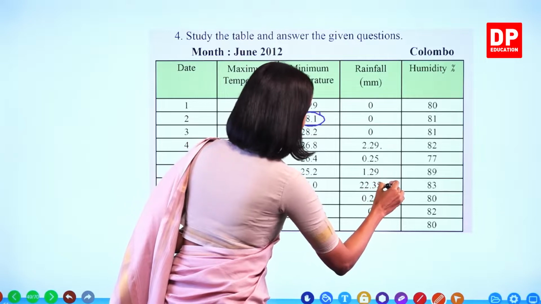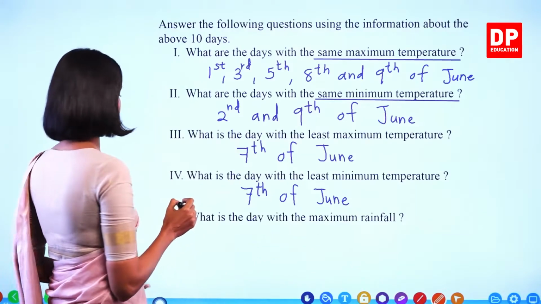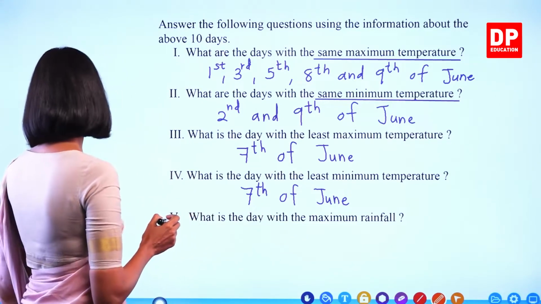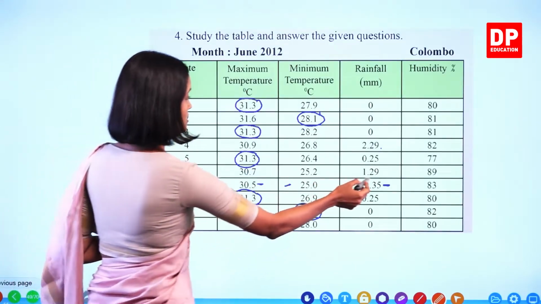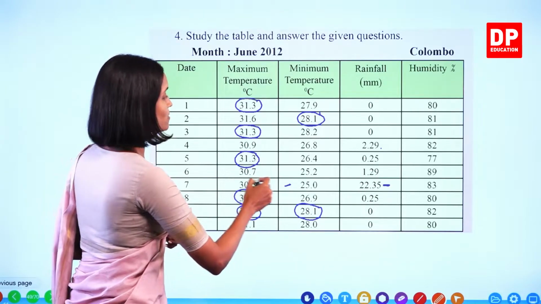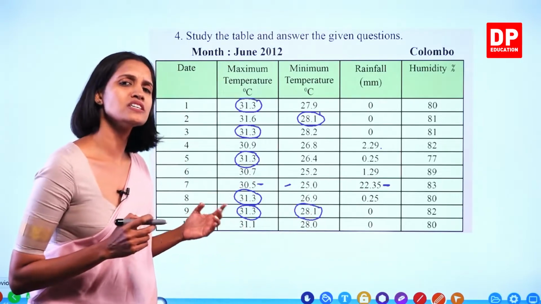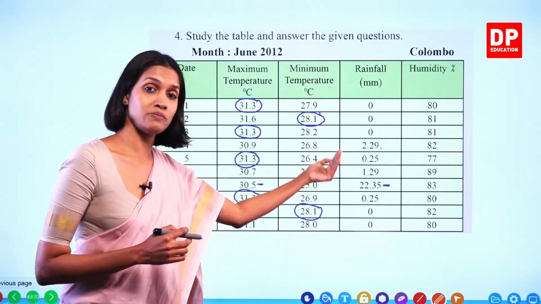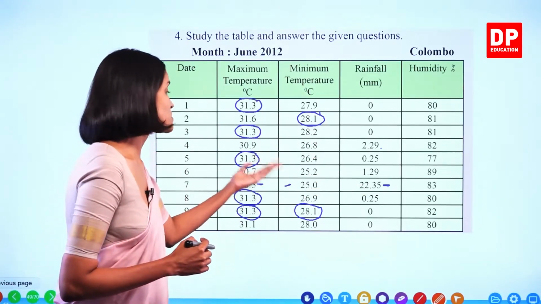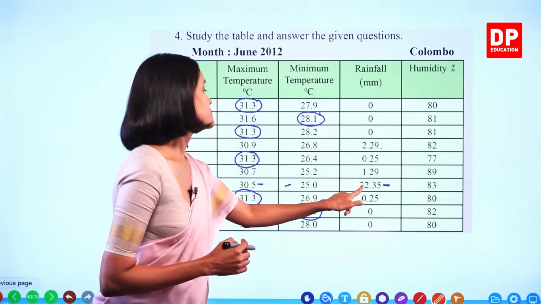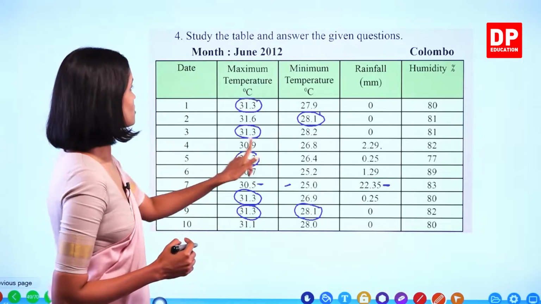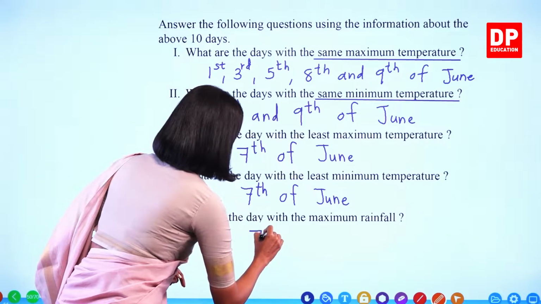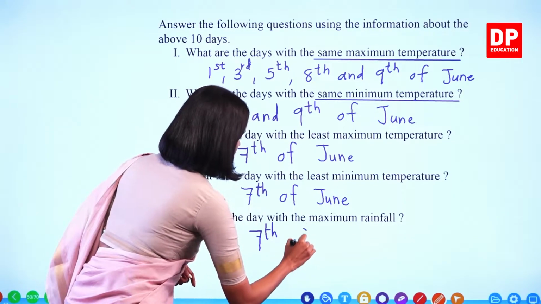So this is the highest. Here the question asks, what is the day with the maximum rainfall, right? So here it's this day, again the 7th of June. So we can assume that the temperatures are the lowest because it's raining, must be the reason. Okay? So the day is again 7th of June.